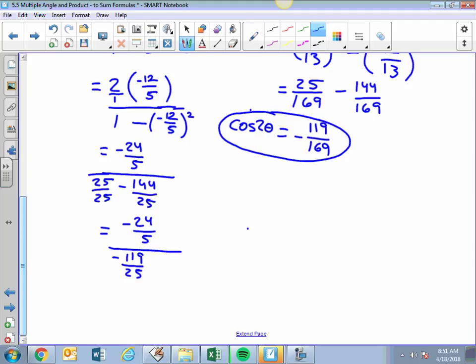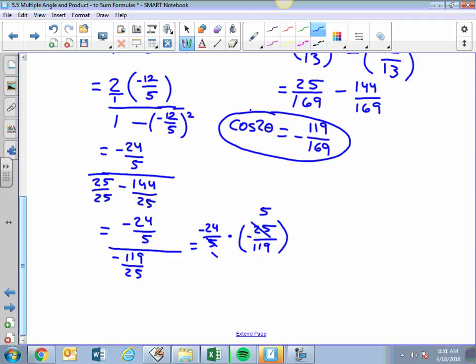Then I would write it like this: negative 24 over 5, multiplied by the flip of the bottom one, negative 25 over 119. I would simplify what I can, so that's a 5.